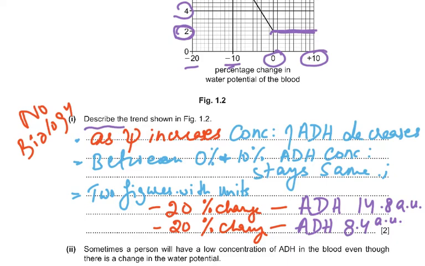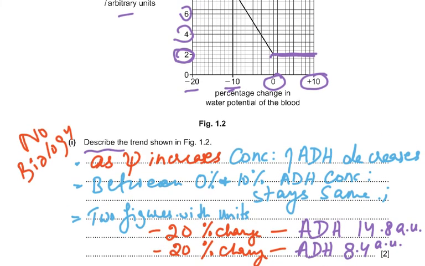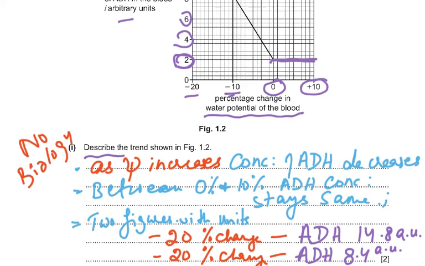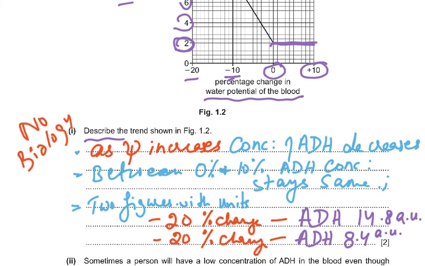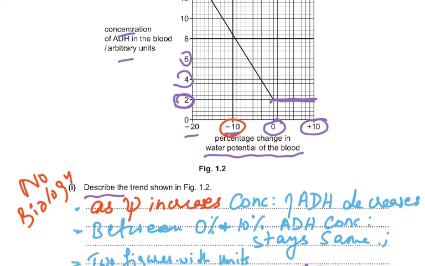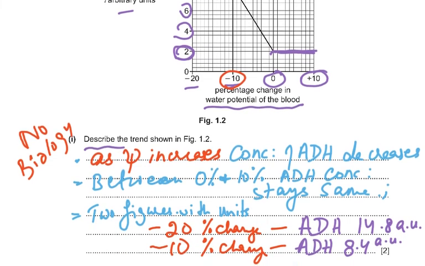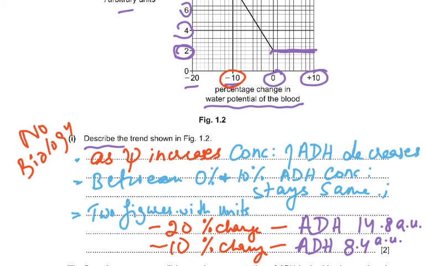So at minus 20% percentage change in the water potential of blood, please write this whole thing on the x-axis, the ADH concentration is in arbitrary units 14.8. And then at minus 10%. Sorry, I made a mistake here. So minus 10% is this one here. So it is 8.4. I might be a little wrong, so please correct me if I'm wrong.